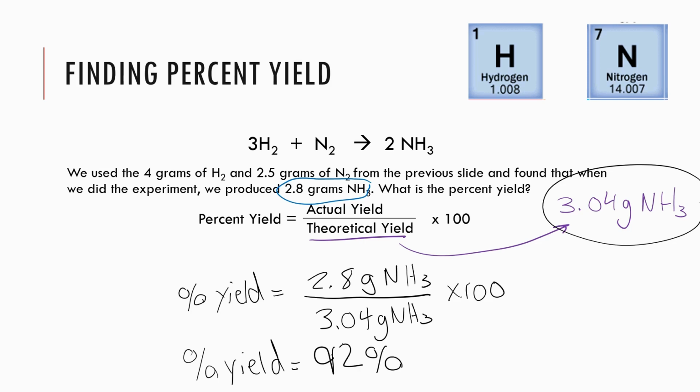So our percent yield, if we were to do this experiment, produce 2.8 grams of ammonia, with our theoretical yield of 3.04 grams, our percent yield is 92%. So in this case, we're now able to identify the limiting reactant, we're able to calculate the theoretical yield, and we're able to use our theoretical yield and calculate our percent yield.